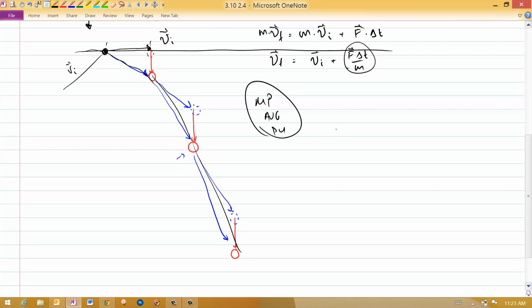So the way this would work, we're given the initial v and r initial. We'll let v final equal v initial plus F delta t divided by m. And then we'll let r final equal r initial plus delta t times that v final.